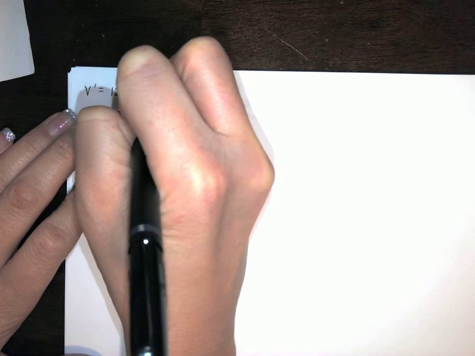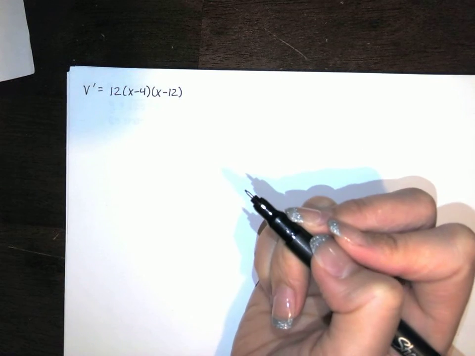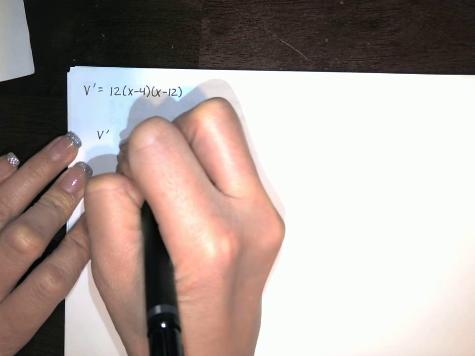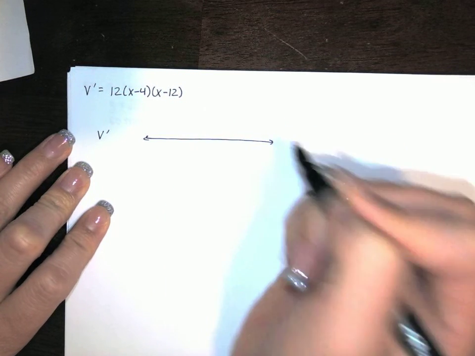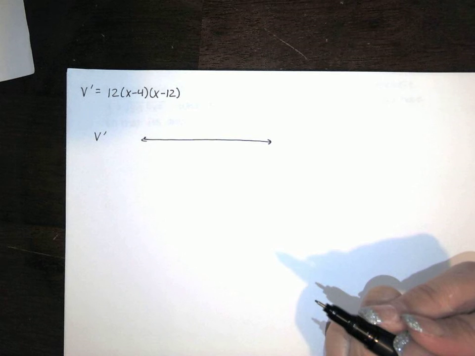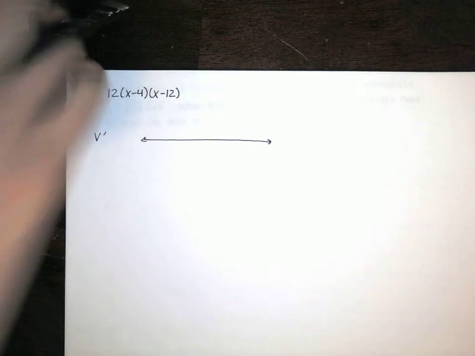V prime is 12 times x minus 4 times x minus 12. Now, if this were just a regular problem, my number line would go from negative infinity to infinity. So I'd be saying x can be any number between negative infinity and infinity.